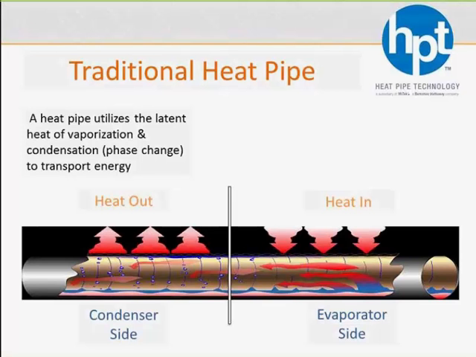As soon as it flashes to a vapor, that creates a pressure differential inside, and that vapor is going to naturally go to the other end of the heat pipe, then give off the heat to the cooler air stream, condense back into a liquid, and then go back to the other side. So it's a passive device, no pumps needed. It's just transferring heat from one end to the other. And it's the phase change of that refrigerant that gives the heat pipe its effectiveness.